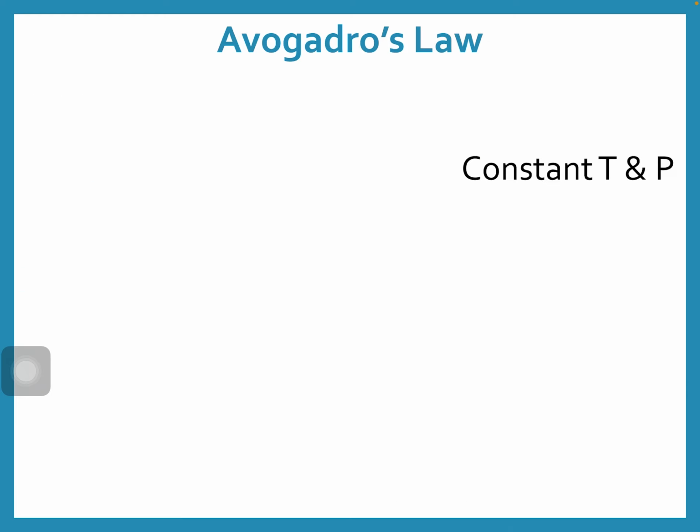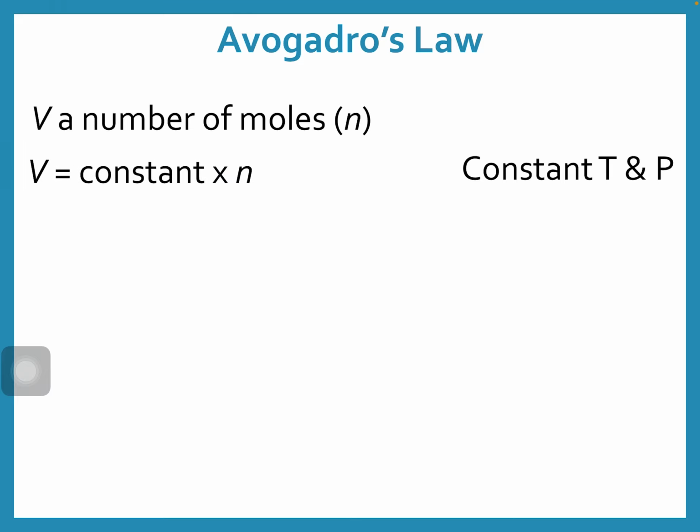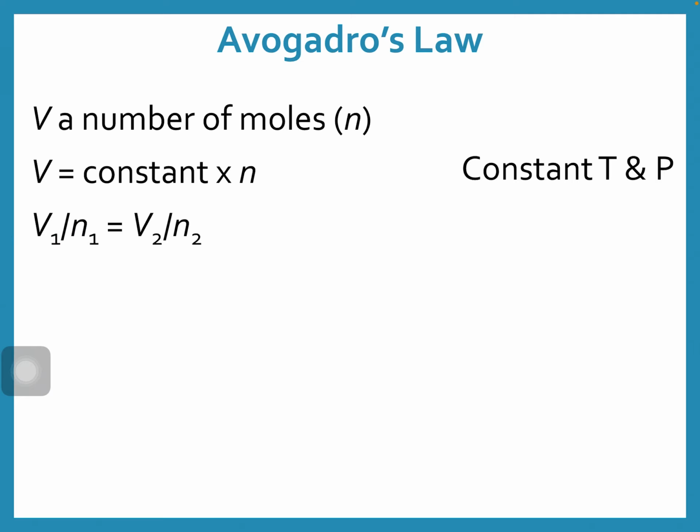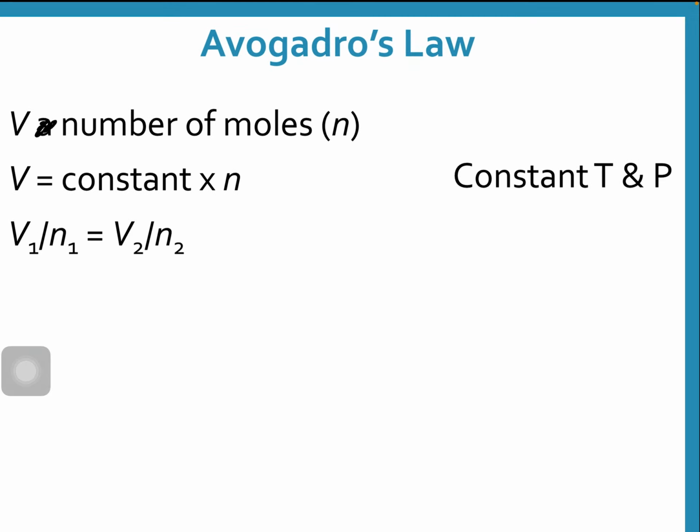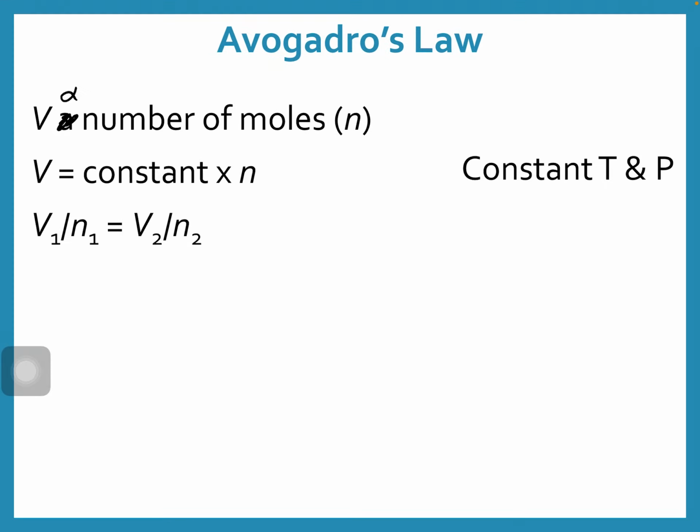And then we looked at Avogadro's law, which, at constant temperature and pressure, describes the relationship between volume and number of moles. So here we had a direct relationship again. Our formula here was V1 over N1 equals V2 over N2.